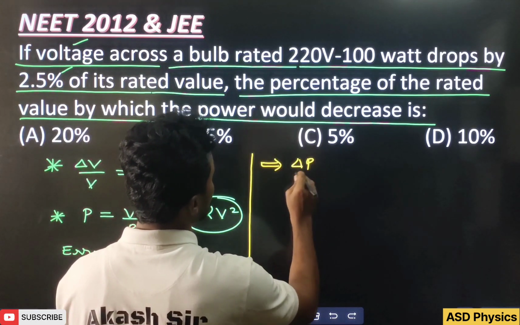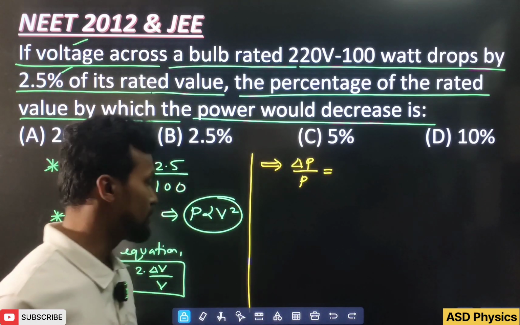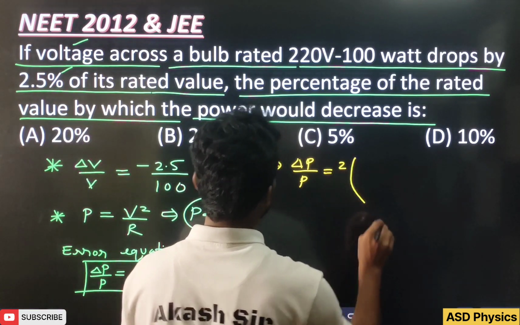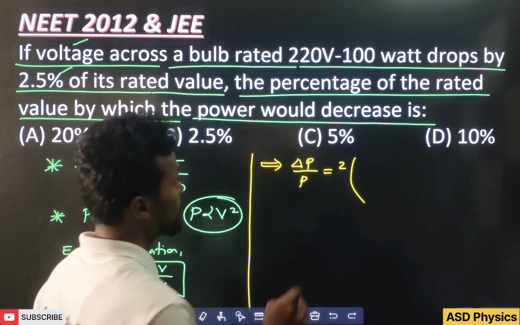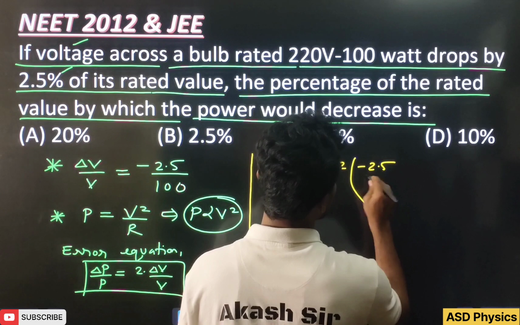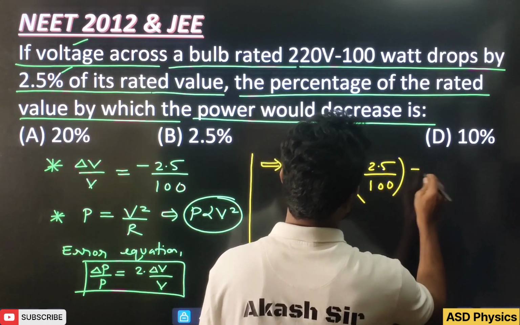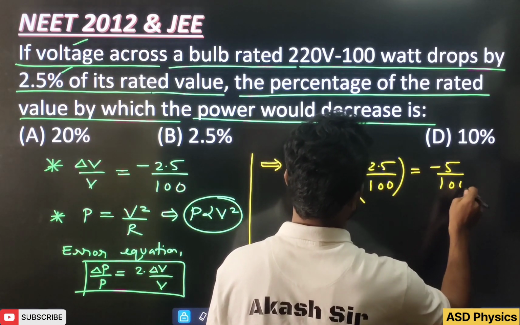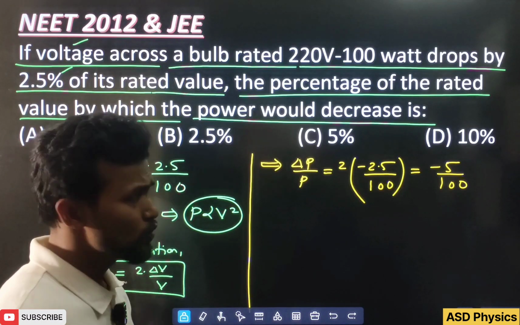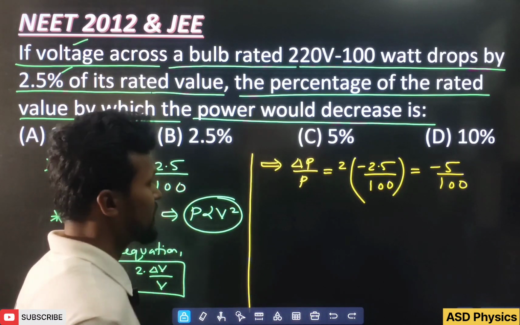So delta P by P is 2 times delta V by V, which is minus 2.5 by 100, so it becomes minus 5 by 100. This is called the relative error, or fractional error, in power.